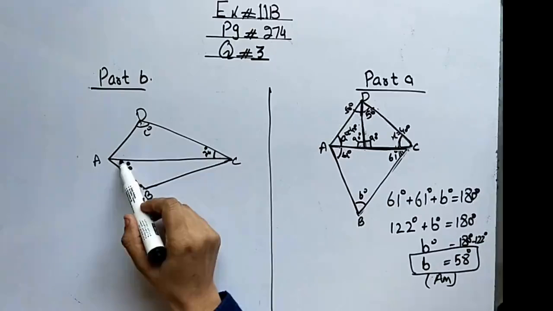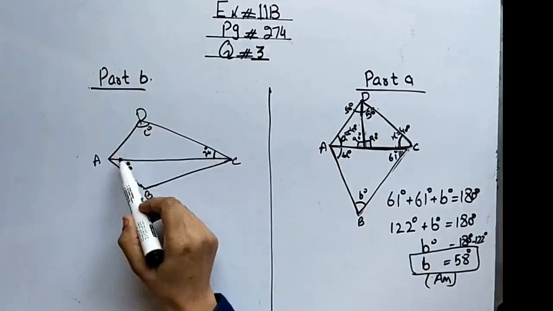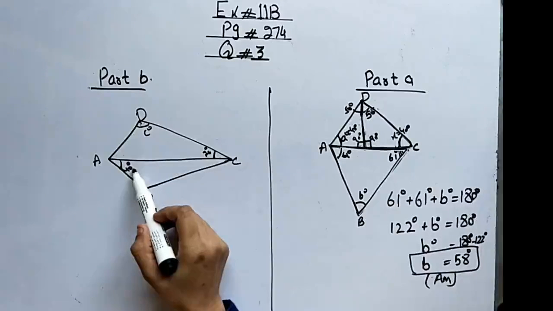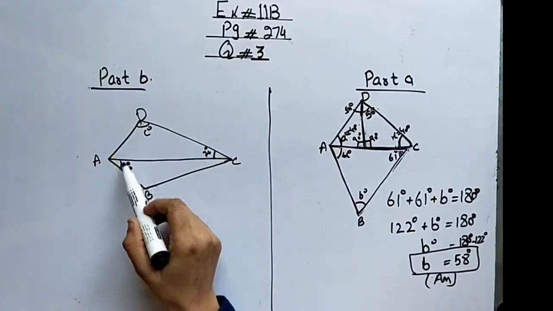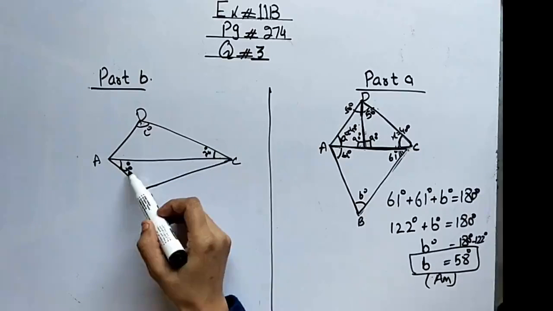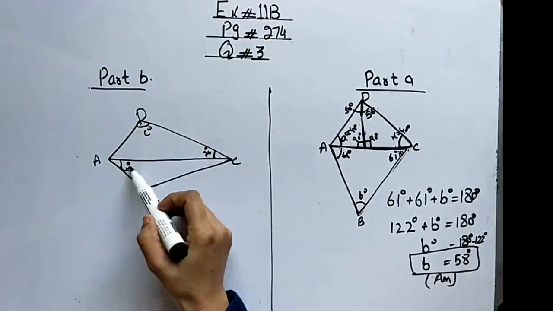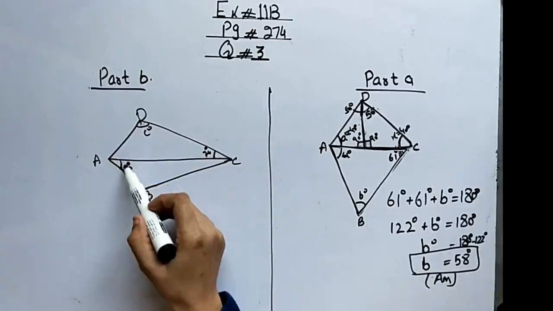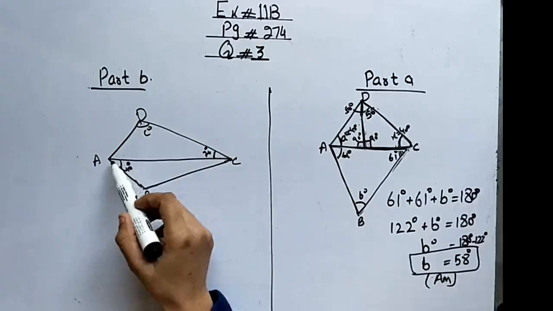So if the half part of this whole angle A is 40 degrees, then the whole angle was double this angle, meaning 80 degrees.